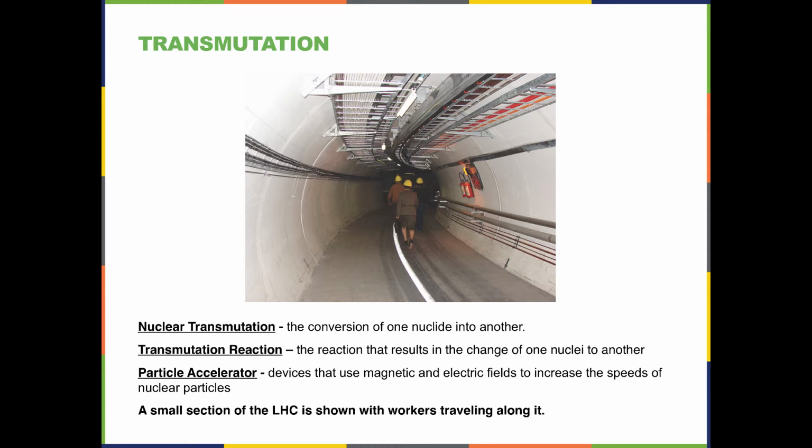So this is just a small section of a linear accelerator, and a circle is generally used because it takes very long distances to achieve the acceleration you want, and if you're traveling in a circle, you can keep that in a confined area.